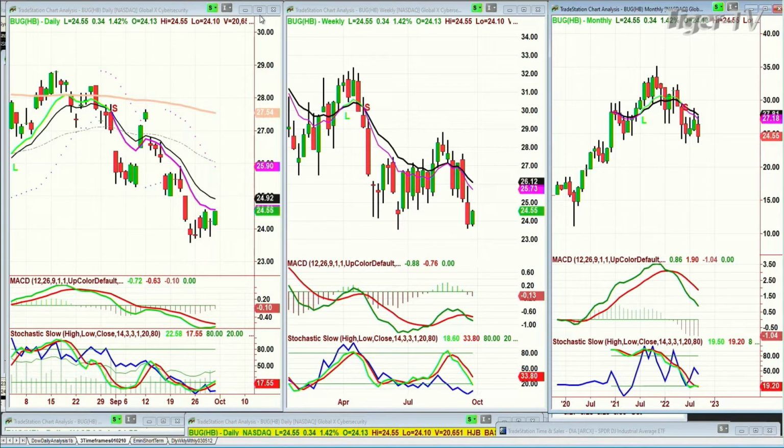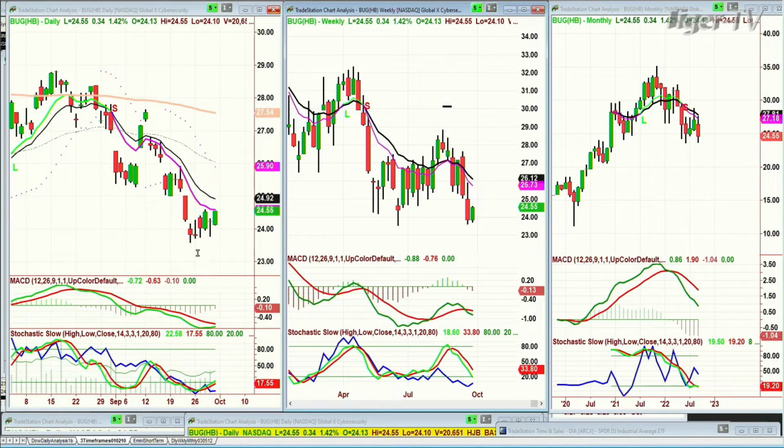BUG. This is the Global X Cybersecurity ETF. BUG at 24.55. I'd rather put $24 to work than 44 or 160, when all I'm looking for is a bounce, which could extend, because you got the Chapman wave inverse rectangle formation here.